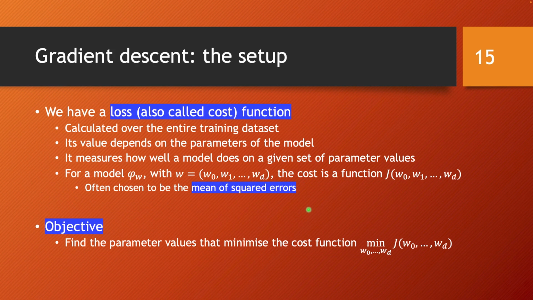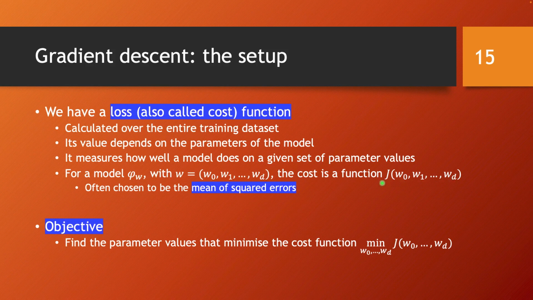So here is a little bit more about this loss function, also called cost function. This is a function that you calculate over the entire training data set, and the values of this function depend on the parameters of the model. It really measures how well a model does on a given set of parameter values. So, for example, if you have this model phi that depends on these parameters, W0, W1 to WD, in some way that I don't really specify on this slide, the cost is going to be a function that depends exactly on these parameters W0 all the way to WD.